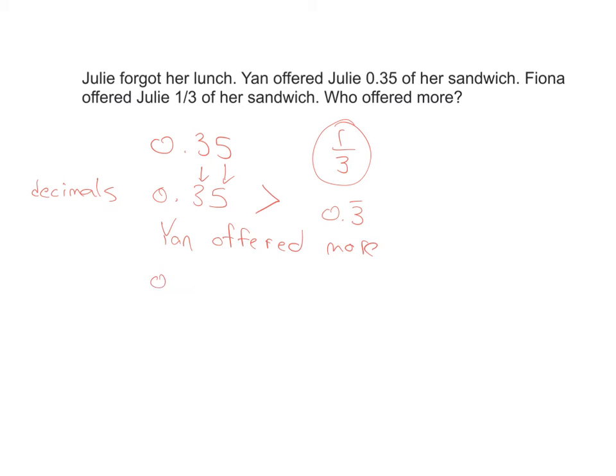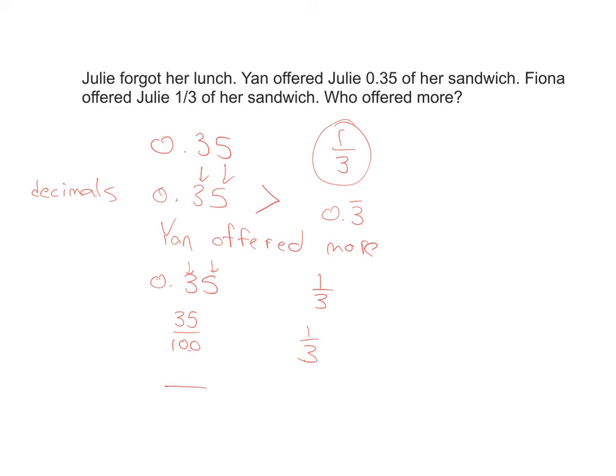Other option in this question is take your 0.35 and let's compare it to a third as a fraction. So we right away know this is tenths, this is hundredths, so we can think of this as 35 over 100. This is 1 over 3. Now we need to create common denominators because we can only compare fractions if they have the same denominator.